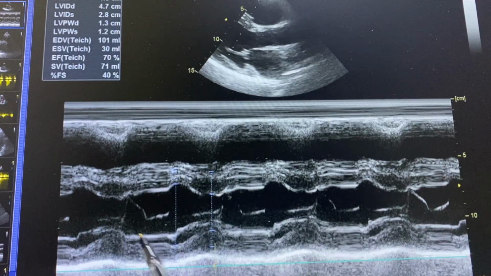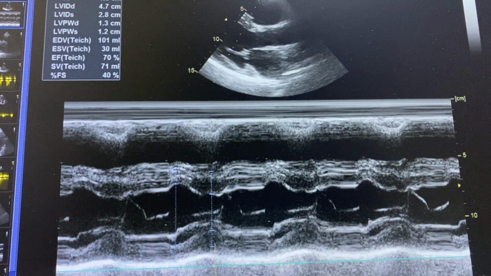That's when you see in this M-mode here, the mitral valve opening and closing. This is the anterior mitral leaflet, the posterior mitral leaflet is here. This is the closure line. So at the tip of the mitral valve, that's when we take the cavity.